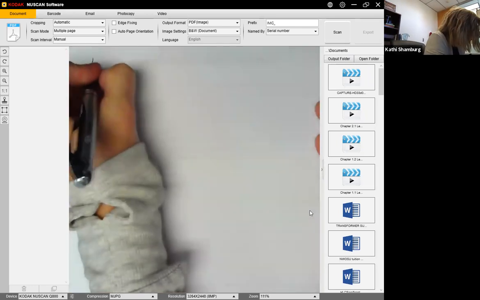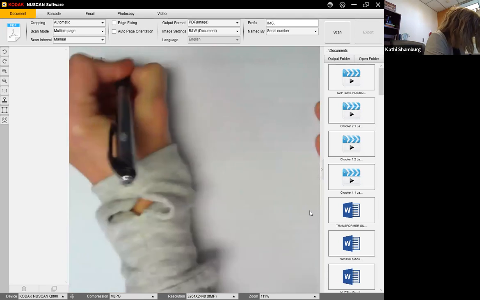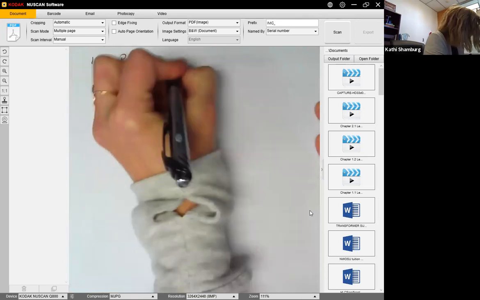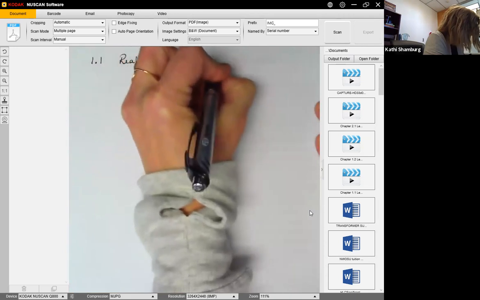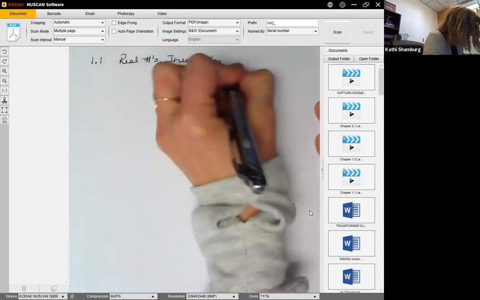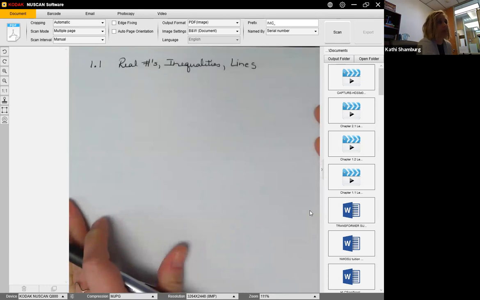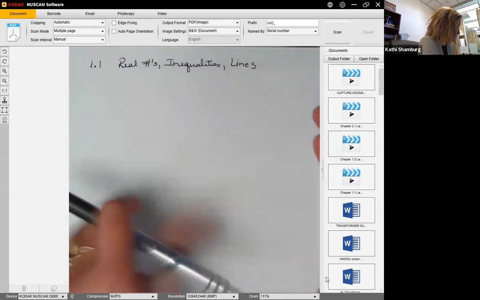So this is section 1.1, and it is over real numbers, inequalities, and lines. So if not for all, for most, this should be a review.